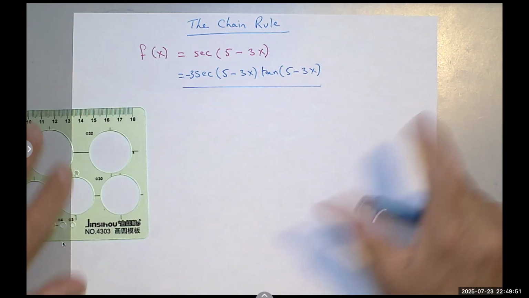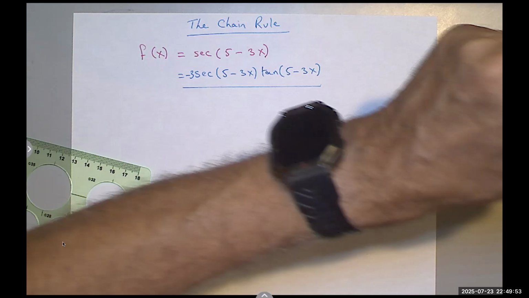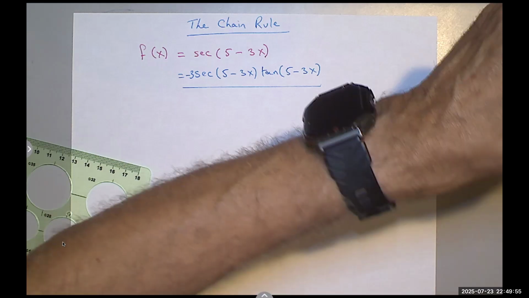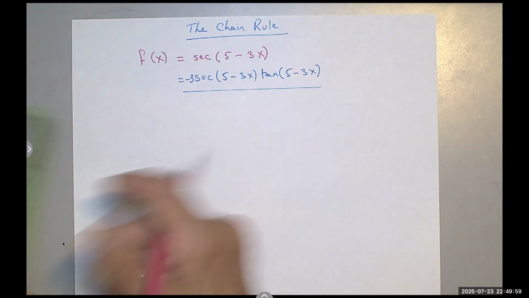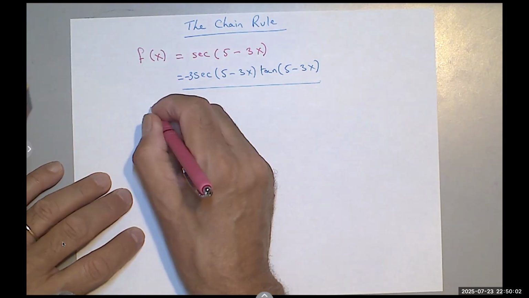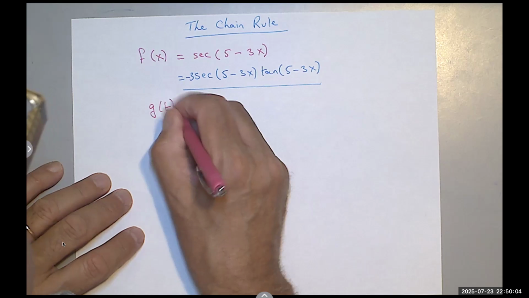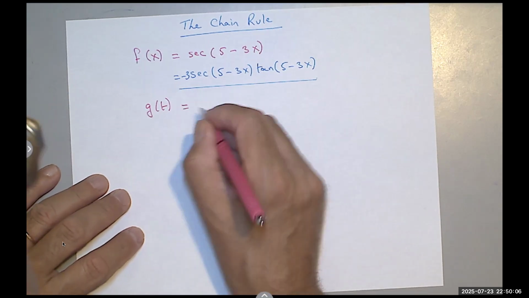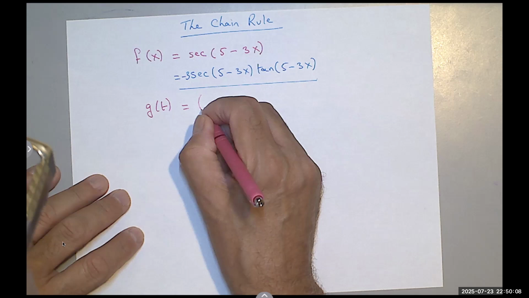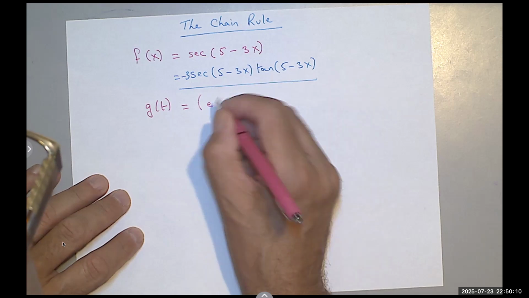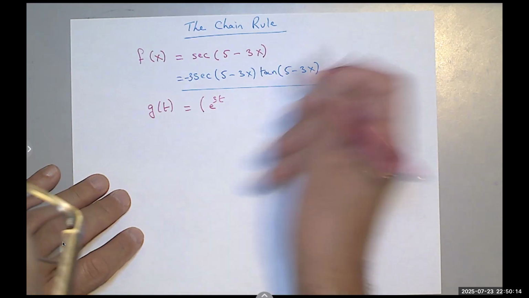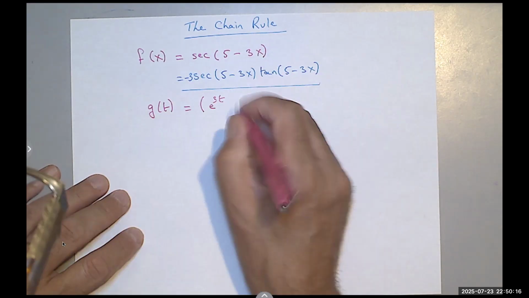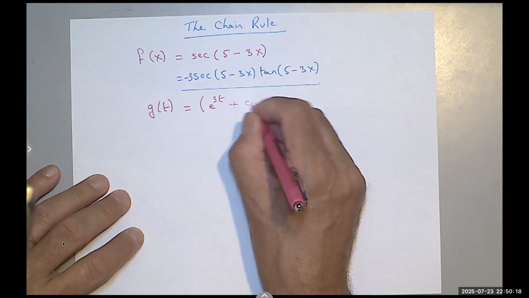Okay, now let's move to a more advanced function. So let's say g of x or g of t equals. We can have something with e, so e to the 3t, and another trig function, so cosine.